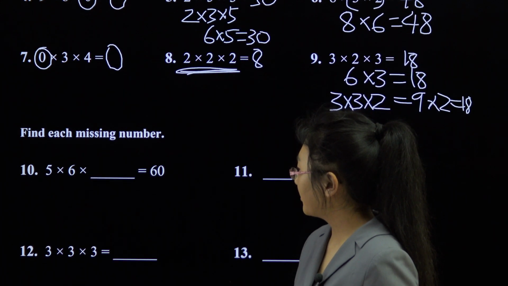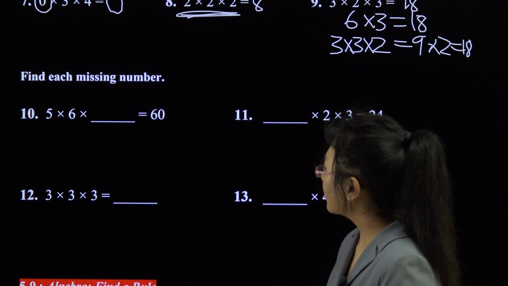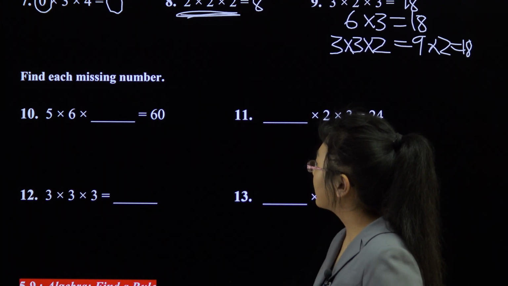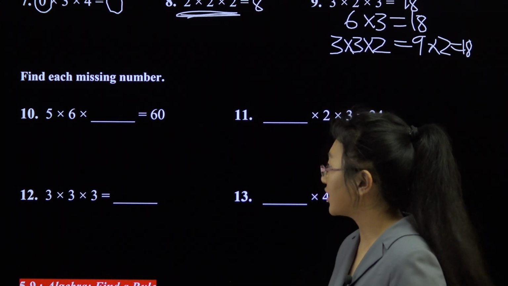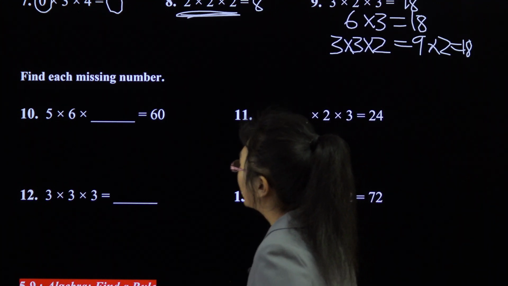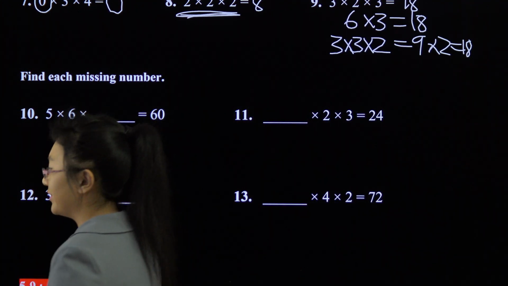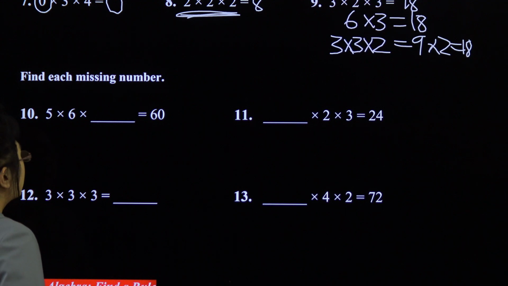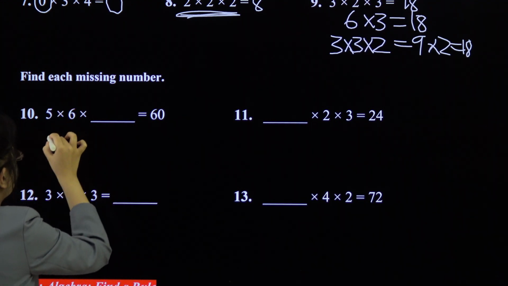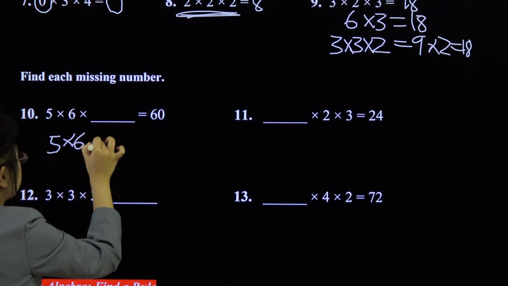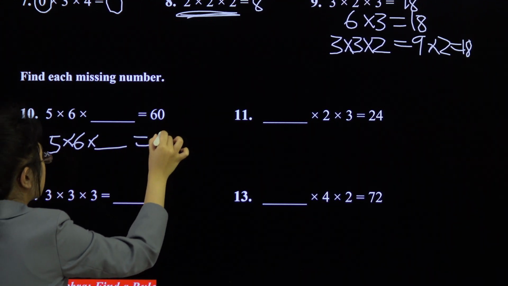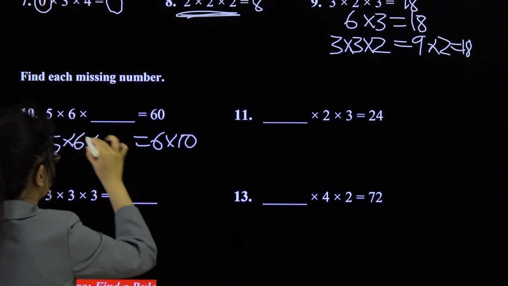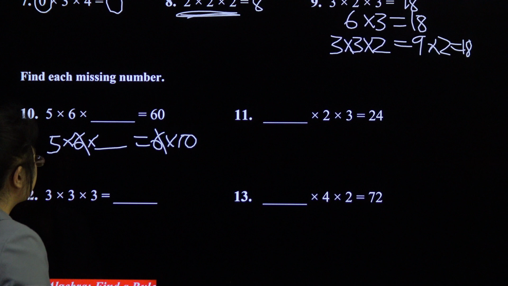Find each missing number. 5 times 6 times something equals 60. So we know that 60 is 6 times 10. So you could take off, well, actually, let's write it down first. Times 10. So you could take off the 6 from both sides.